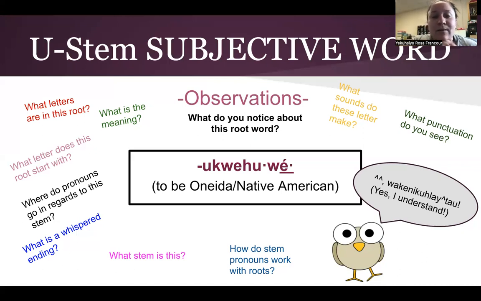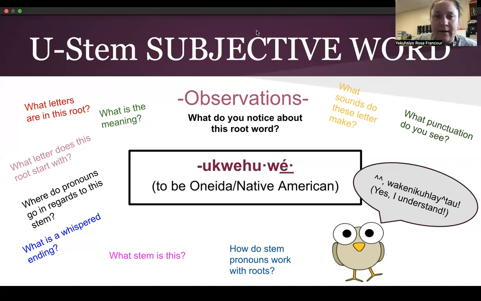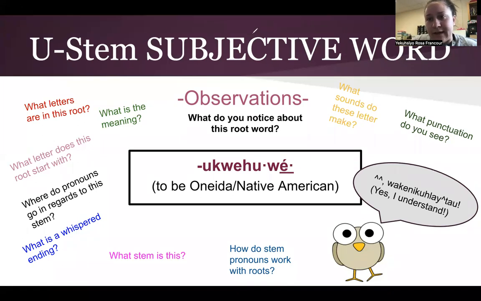Okay, so let's talk about that. So this word or verb is ungwehu. Ungwehu. It means to be Oneida, or you can loosely say like Native American. I'll give you a little bit more of a background, actually. Verbs usually have an even deeper meaning than our English translation.